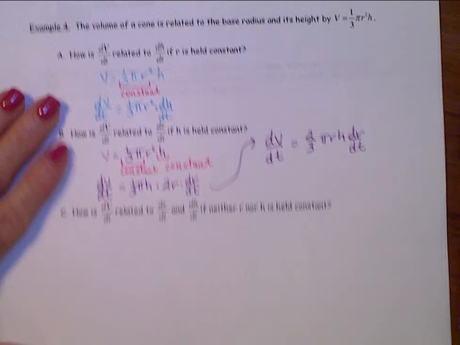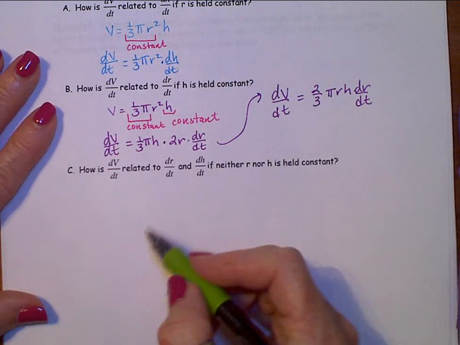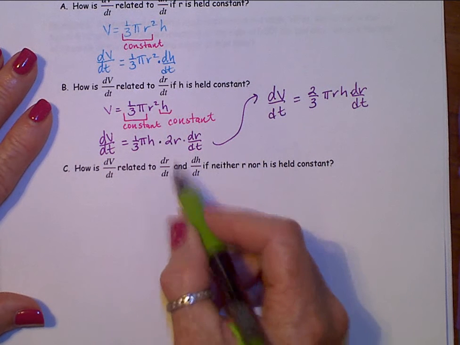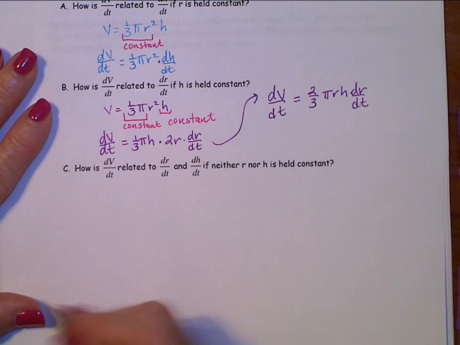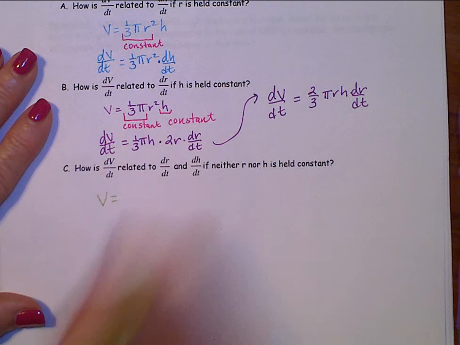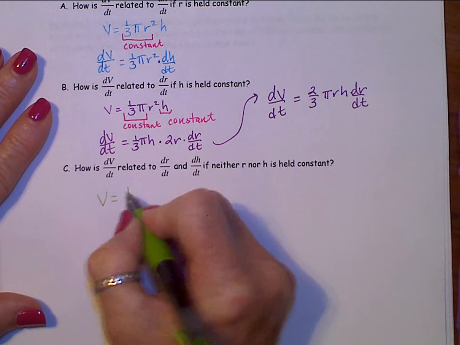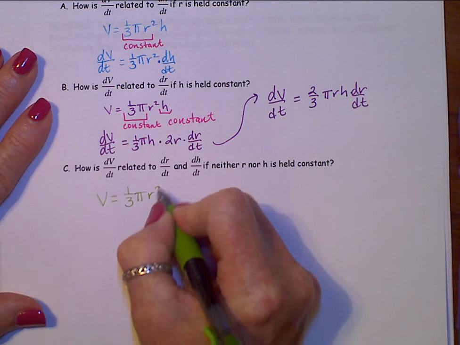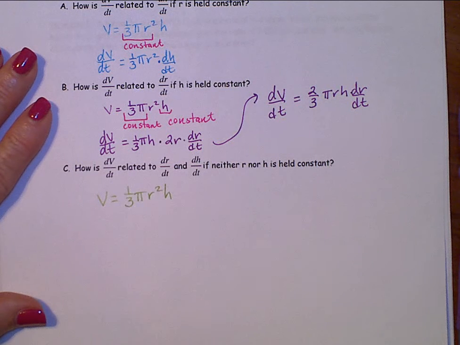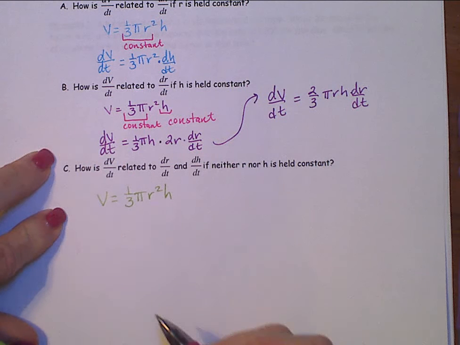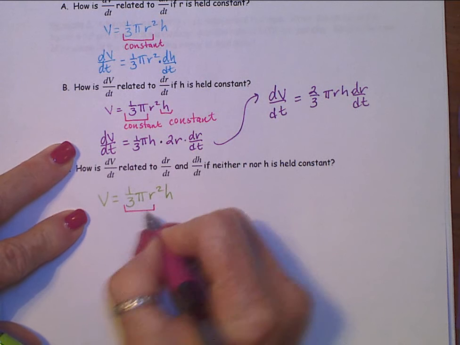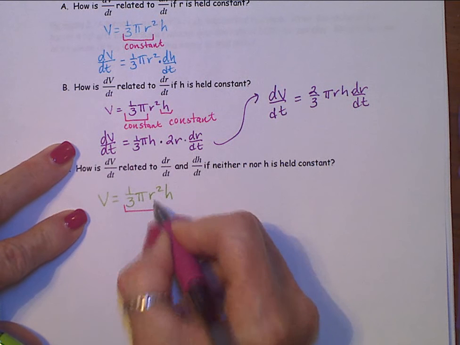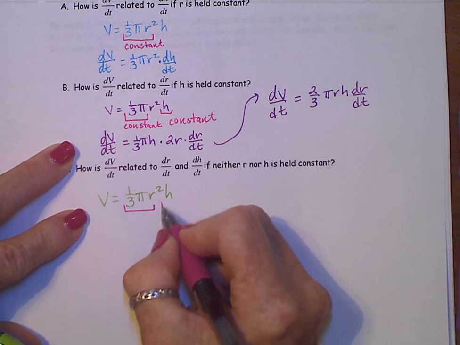And the last one down here, how is dv dt related to dr dt and dh dt if neither r nor h is held constant? So we'll start off with v equals 1/3 pi r squared h. We want to do a derivative. Nothing's held constant, so we're going to have a product rule here. 1/3 pi r squared, first part, h, second part.